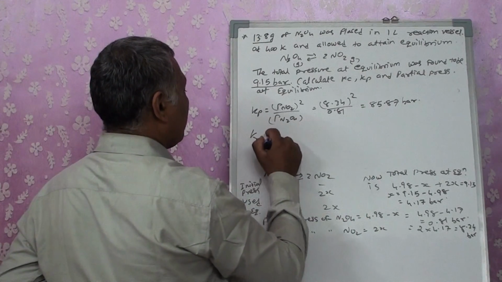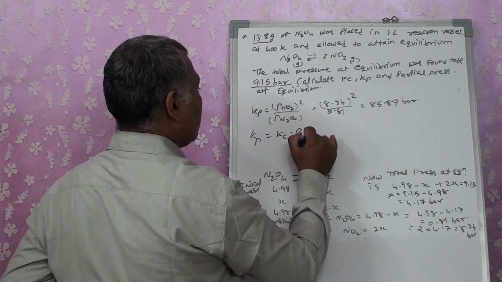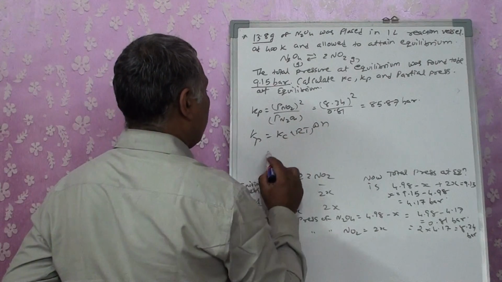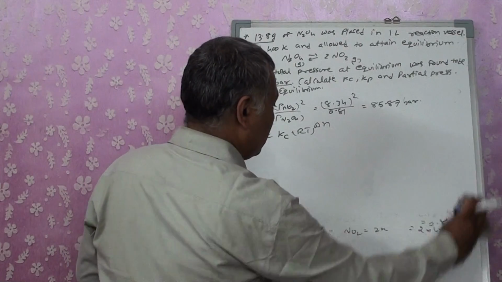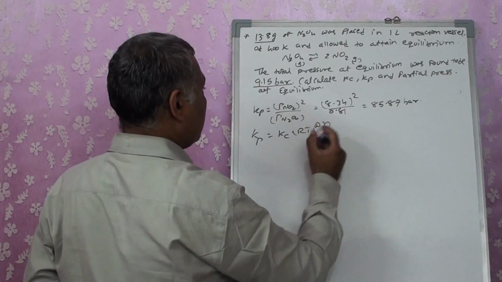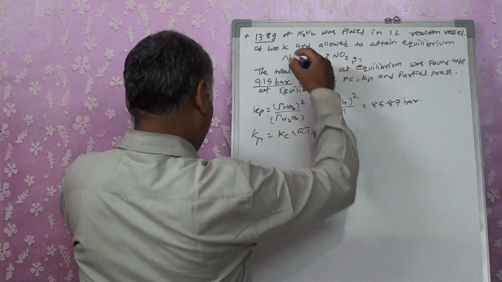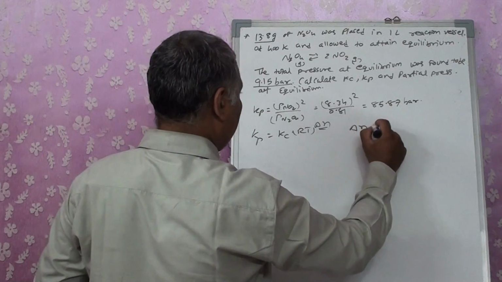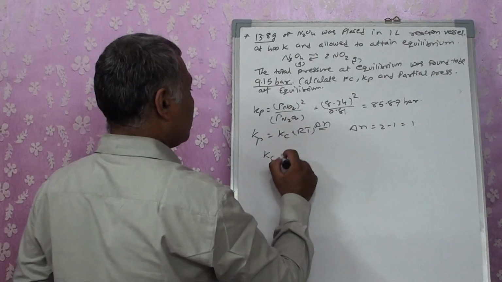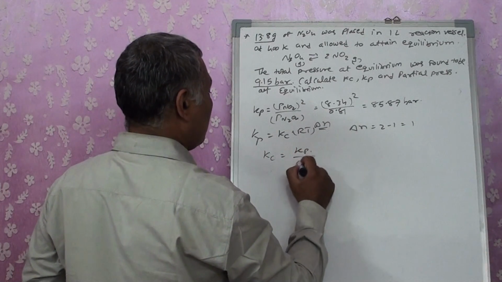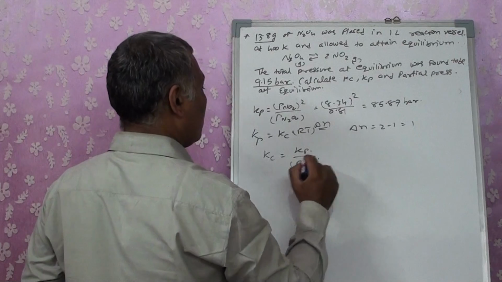Now I want to calculate Kc. We have the formula Kp equals Kc into RT raised to delta n. Delta n is 2 minus 1, that is 1. So Kc equals Kp upon RT raised to 1.